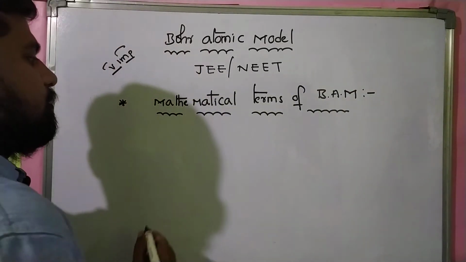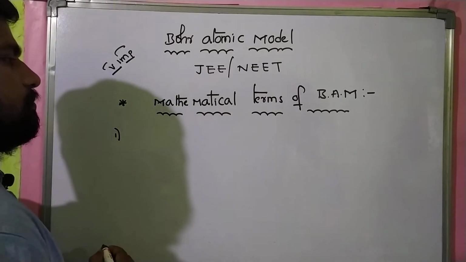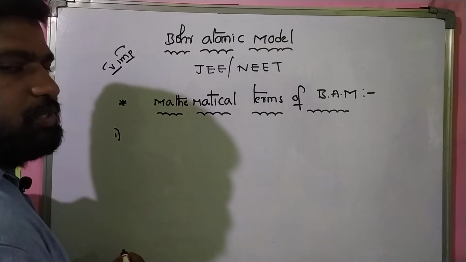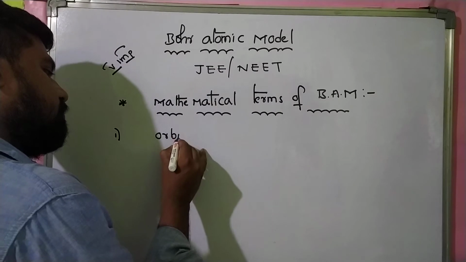First of all, the first most important mathematical term is orbital angular momentum.